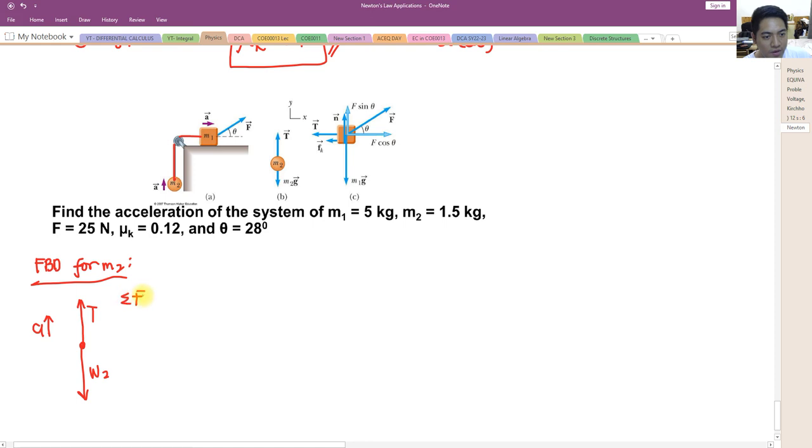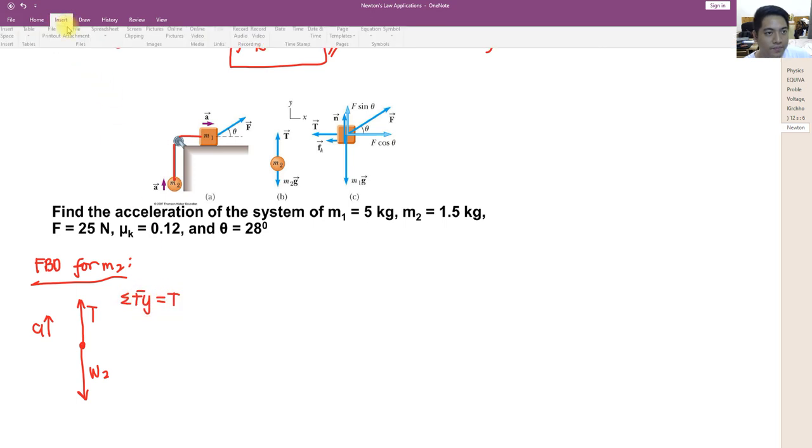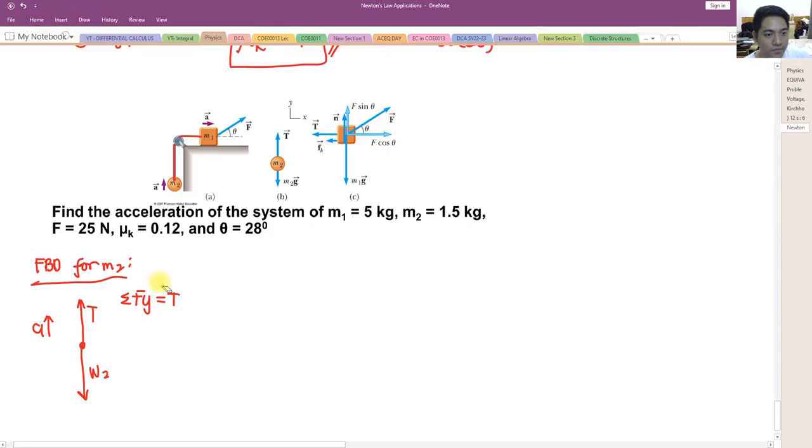If you get the summation of Fy, that would be M sub 2 times a, because it's labeled as M sub 2.